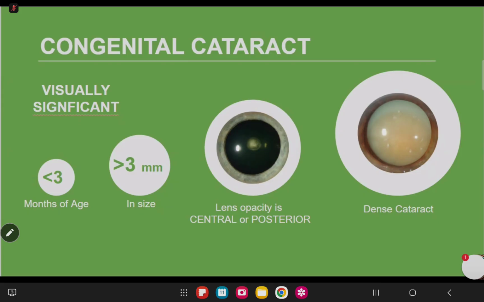If there is lens opacity that is central or posterior and anything that could obstruct your visual axis, it's already significant. And of course, for patients with very dense cataract, since it prevents any light from passing to the retina, it's already visually significant.